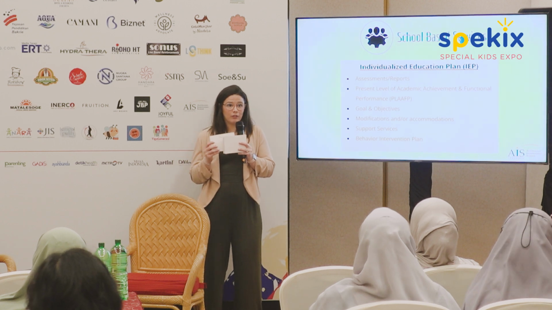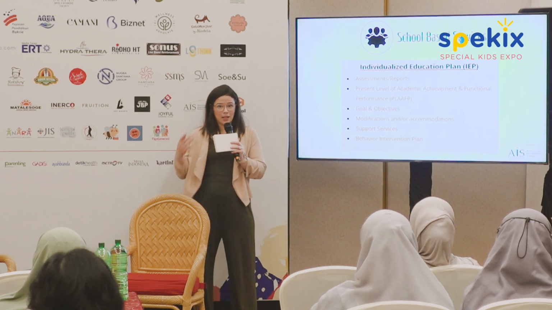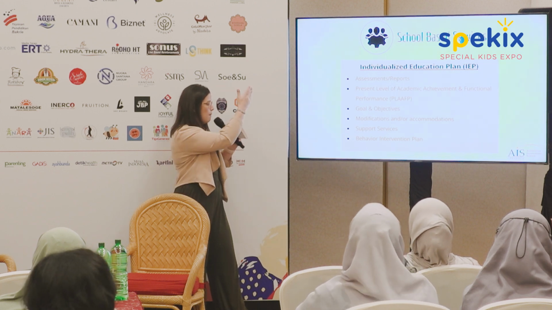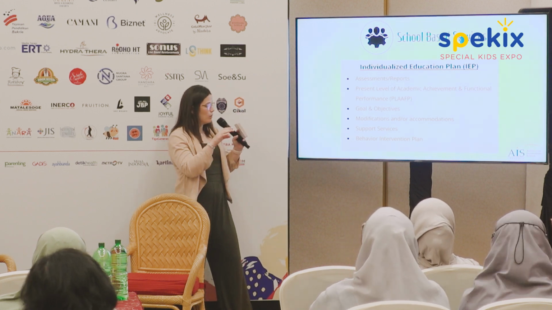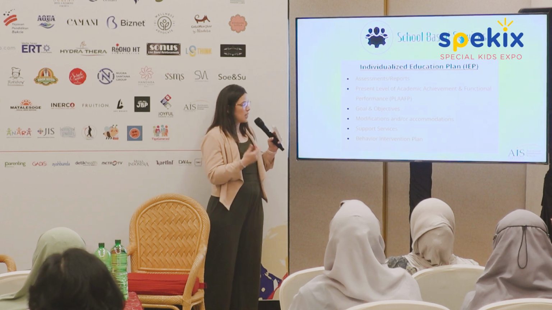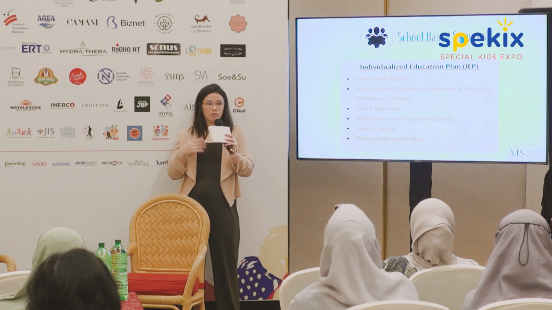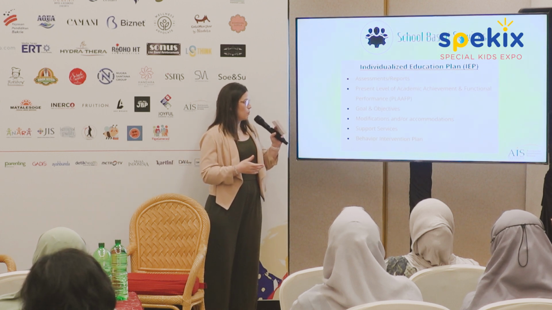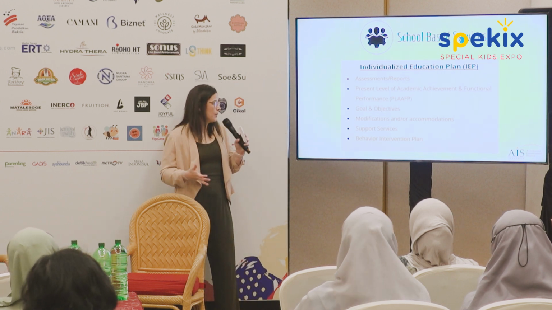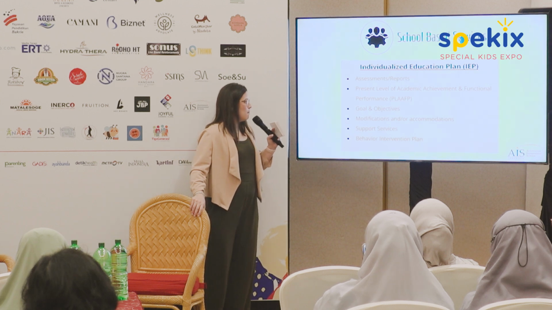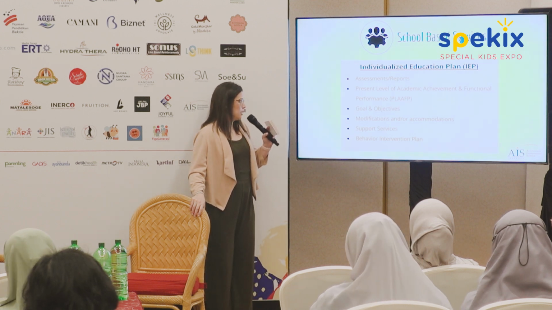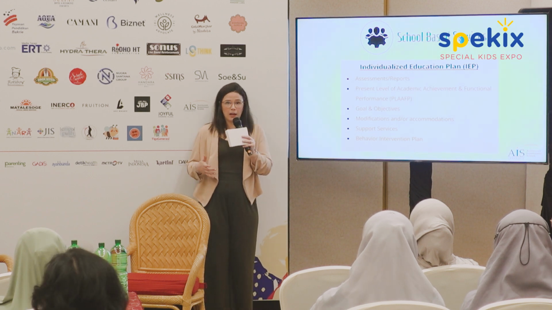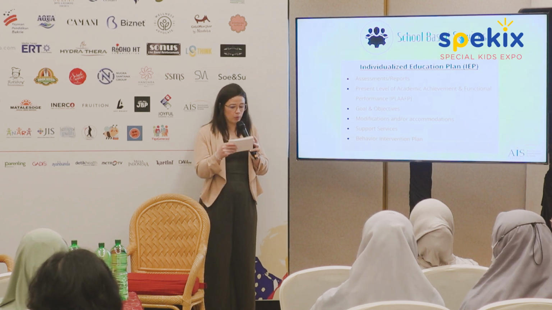So you may have heard of an IEP. That means it's an individualized education plan. This may include many components. The ones that are required would be assessments and reports that you're using to develop the IEP, present levels of academic achievement and functional performance, also known as PLAF. We have goals and objectives, modifications and or accommodations, specific support services, and then sometimes students might have a behavior intervention plan within that.